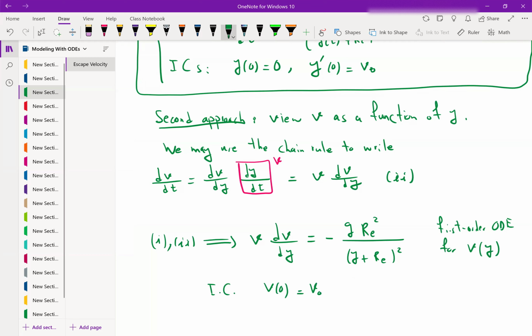So let me explain this here. At y equals 0, v of 0 is v0, because at t equals 0 we have y equal to 0 and v equal to v0.